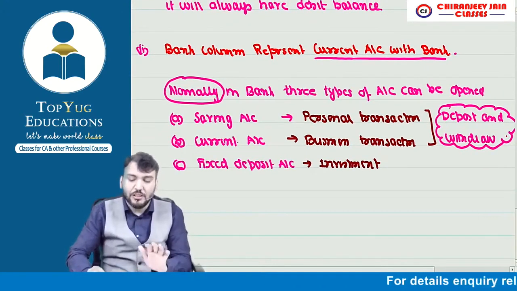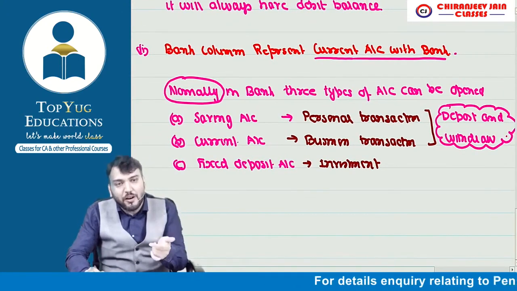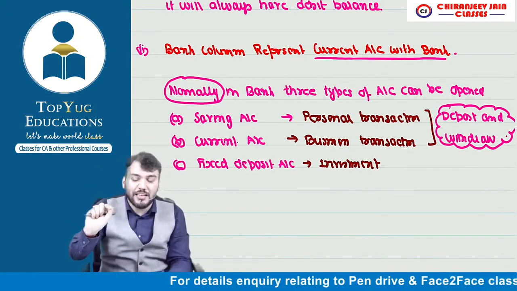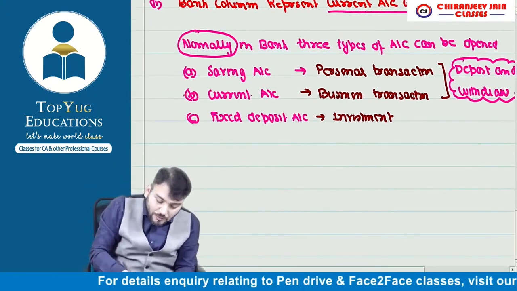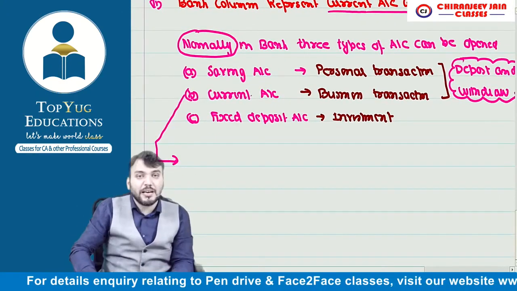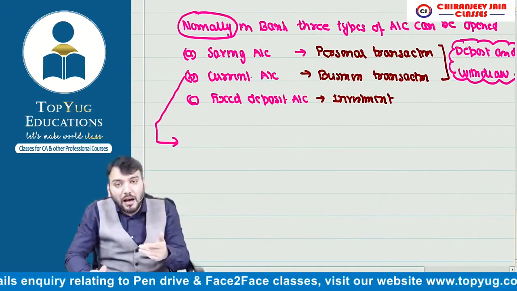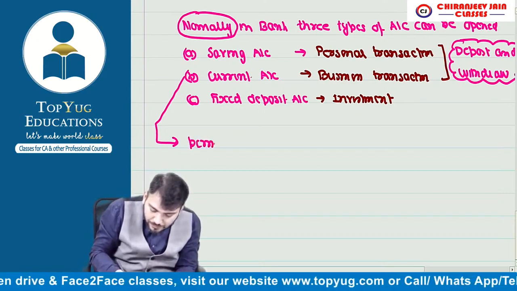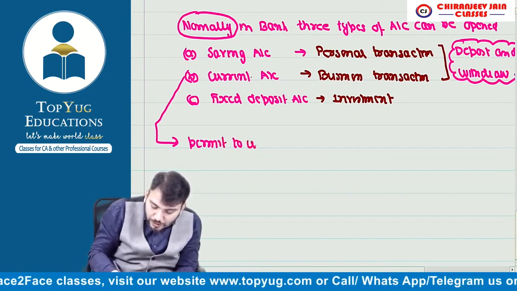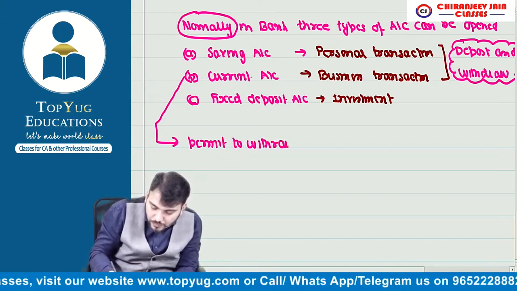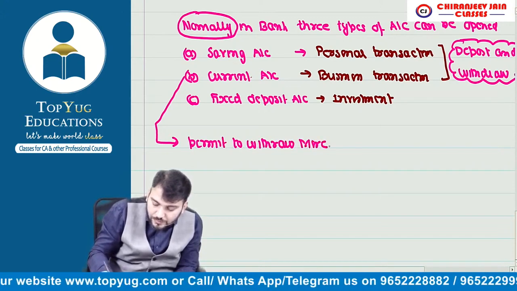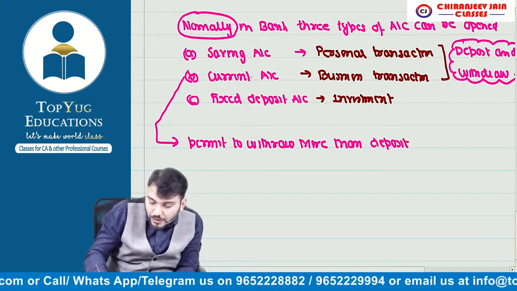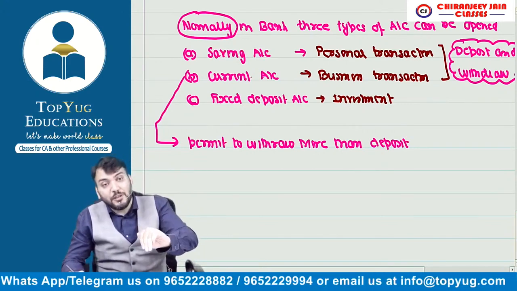So of course when we are talking about the bank column, it does not denote a saving account; the bank column represents a current account, correct? Now in case of current account, the bank permits to withdraw more than deposit. So in a current account we can withdraw more than deposit.